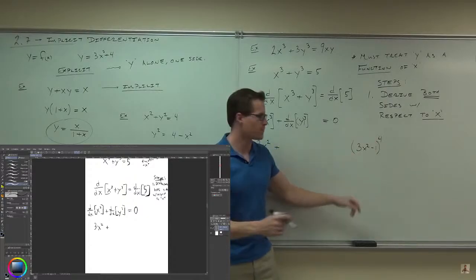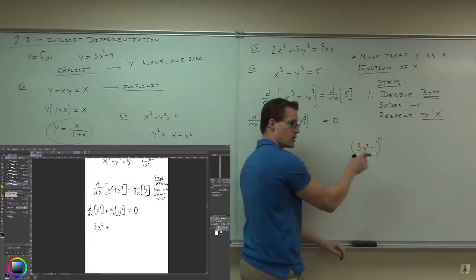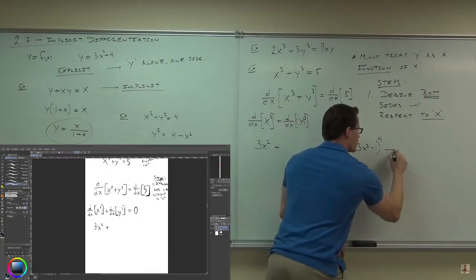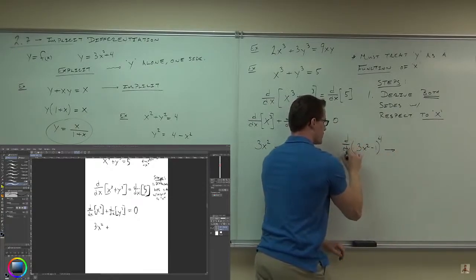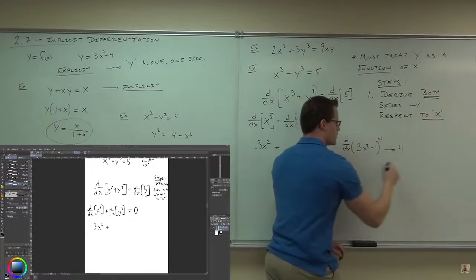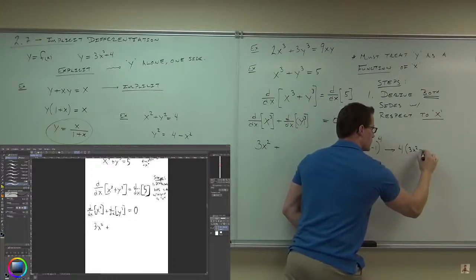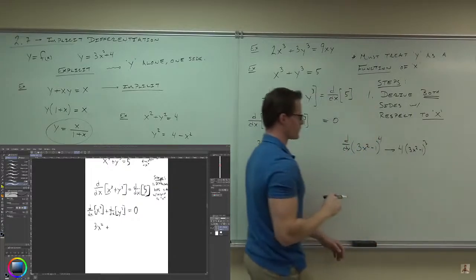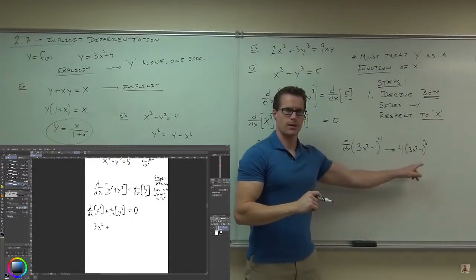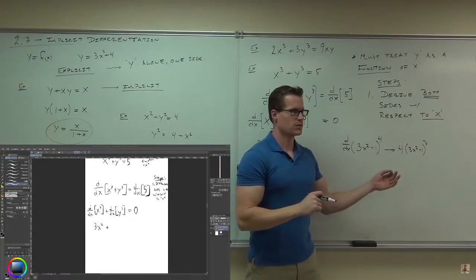You bring down the 4. Watch carefully, I'm going to draw an analogy right here. You bring down the 4, if you found the derivative, you'd have what now? Squared. You agree with this? But then you don't end there, do you?